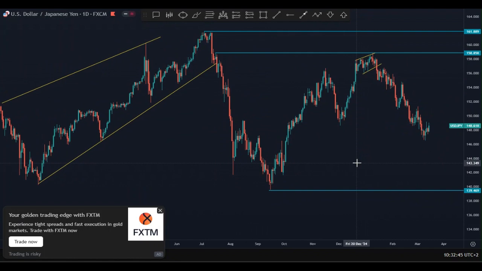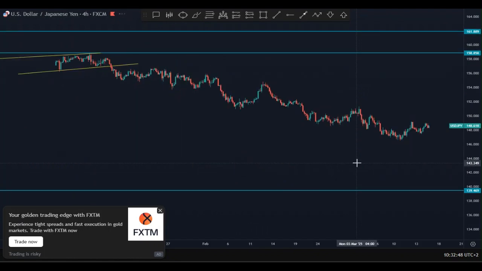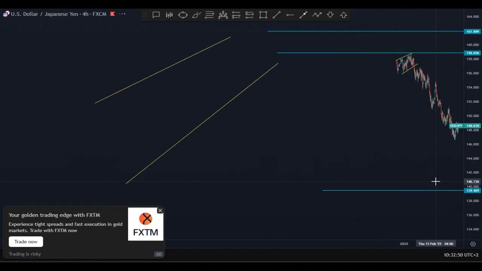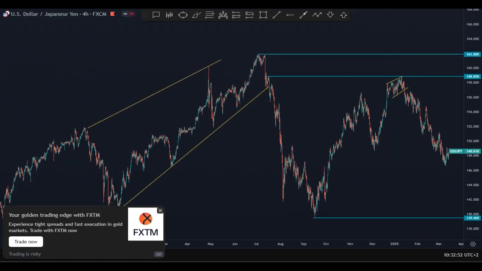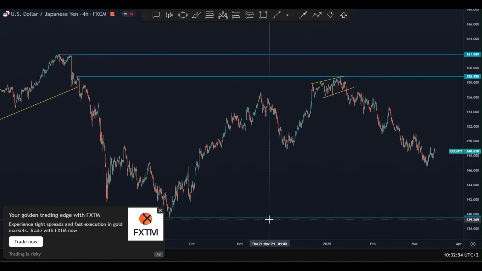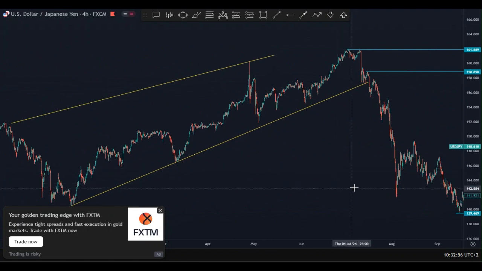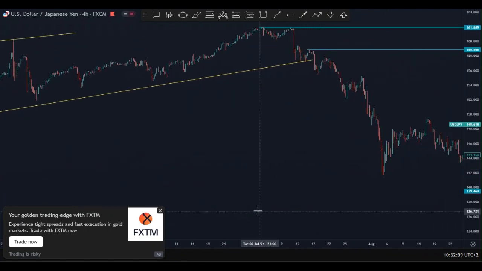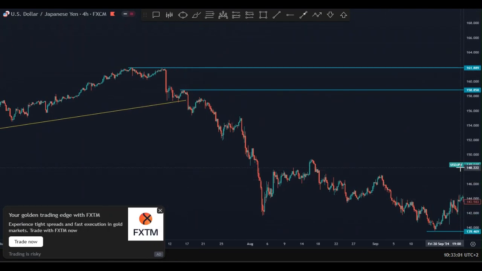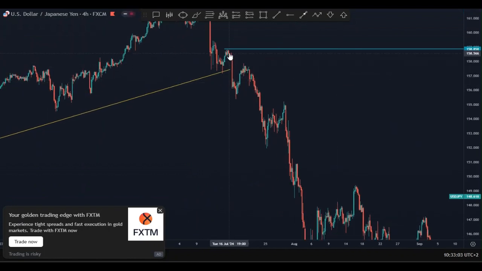So right now what I'm gonna do is go to the H4, and you see on the H4 it was so nice, guys. It was the move that broke our structure right there, and it broke it with an impulse, guys.